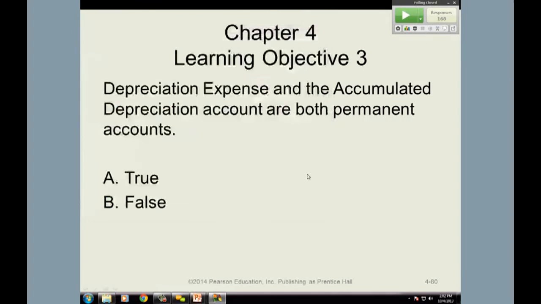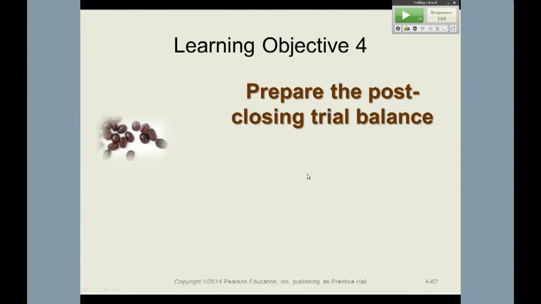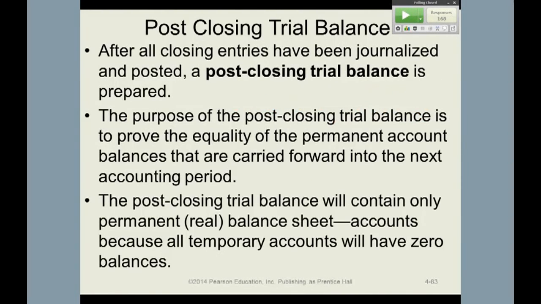Now, I want you to remember the post-closing trial balance. Again, this last module, we're not going to spend much time on this, except you need to know that the post-closing trial balance will only contain balance sheet accounts, since all of the revenues and expenses would have had a zero balance.